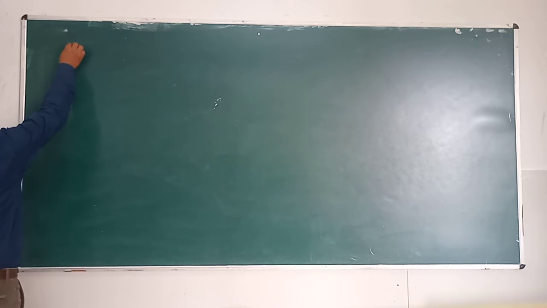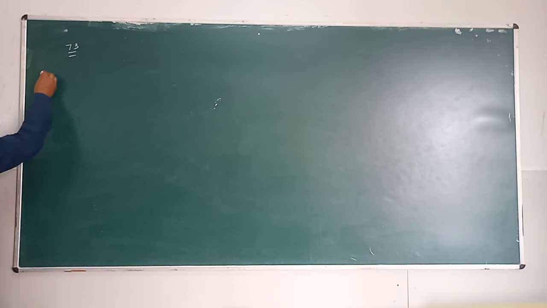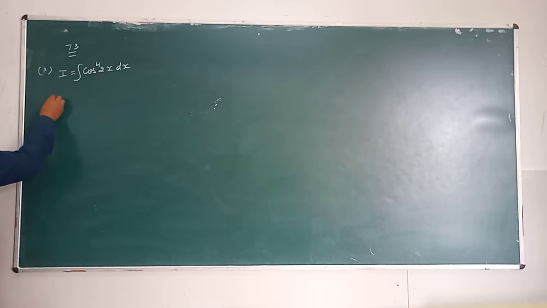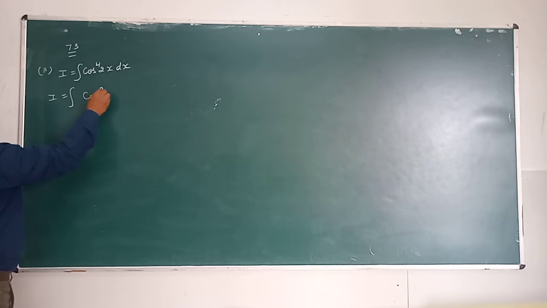Good morning, students. Today we discuss the remaining questions of exercise 7.3, in which question number 11 is I equals the integral of cos^4 2x. In this question, first we write (cos^2 2x)^2.